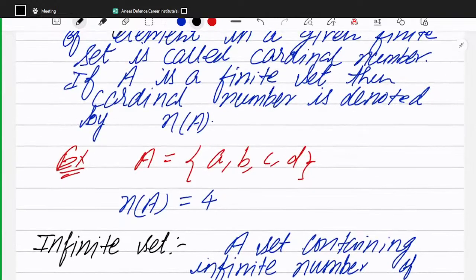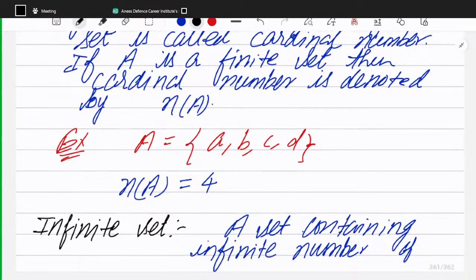A set containing a finite number of elements, that is a finite set. Now the next one is equivalent set.